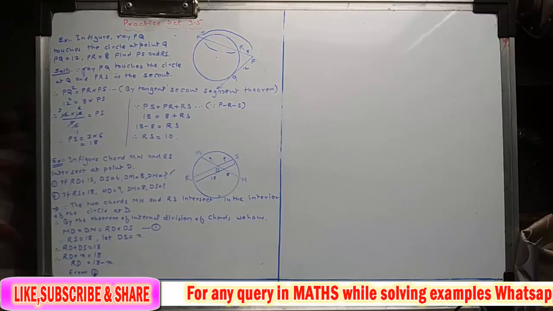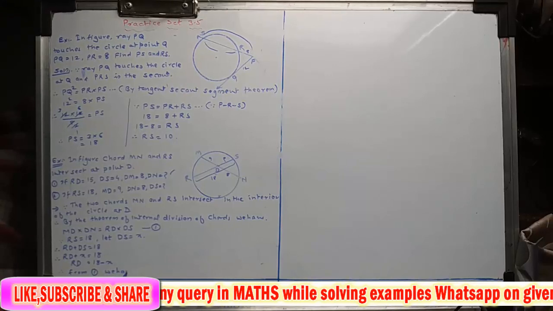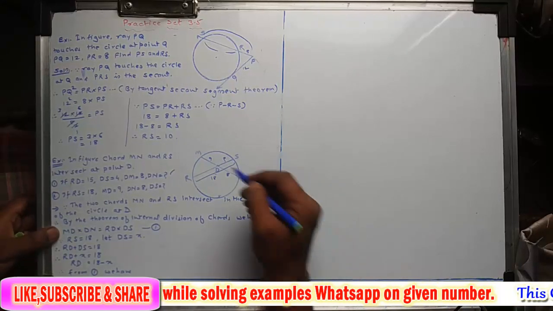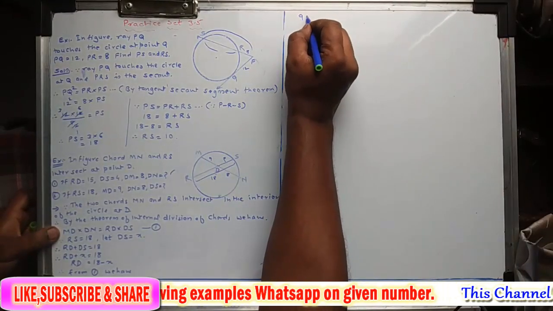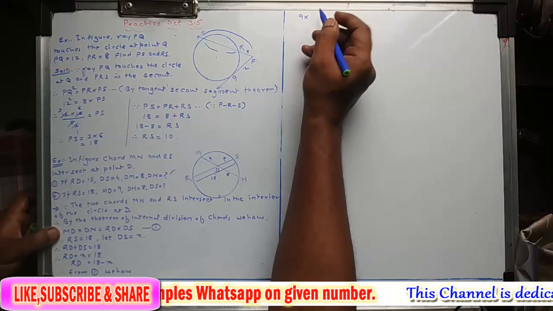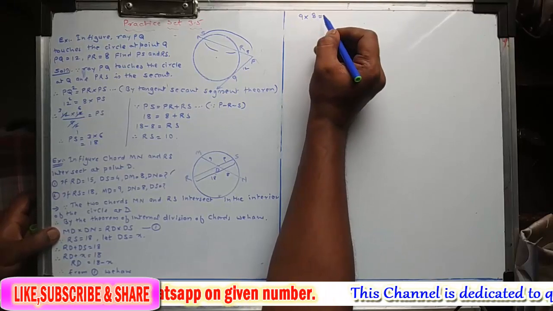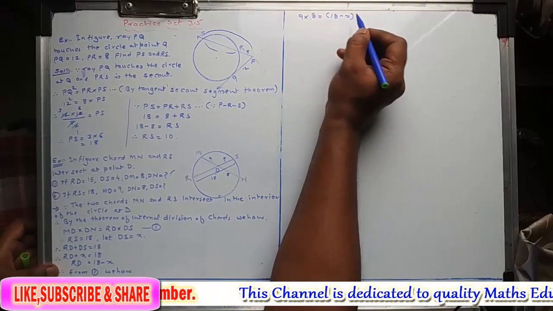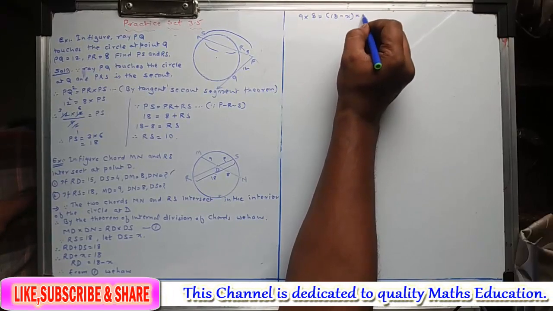Okay, and therefore from equation 1 we have, क्या मिलेगा आपको इक्वेशन 1 से, MD is 9 into DN is 8 is equal to RD, that is 18 minus x, into DS, that is x.